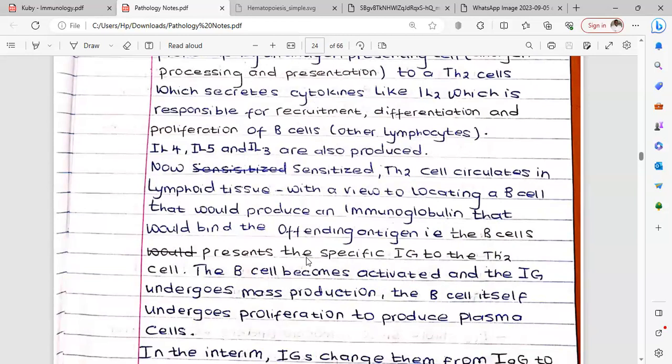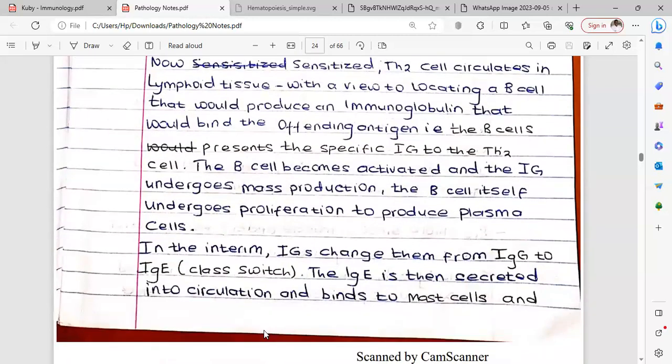The B cell presents the specific antigen to the Th2, and then the B cell gets activated and undergoes mass production, proliferating to produce plasma cells. There's a class switch from IgG to IgE.